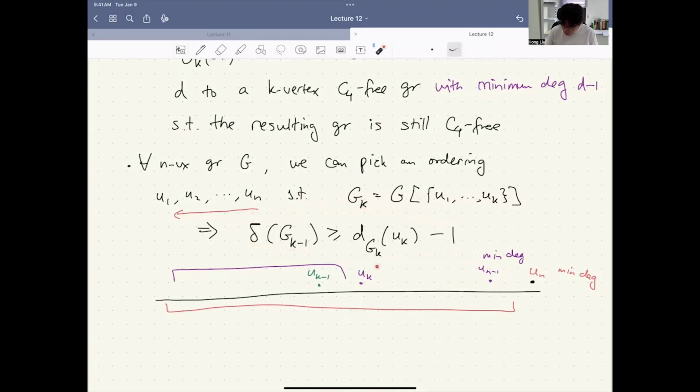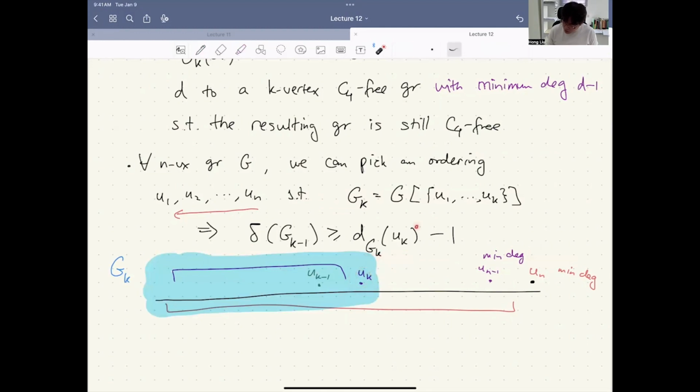Well, look at this graph. This is GK. Inside GK, what do we know? We know this vertex inside GK has the minimum degree. That's how we pick, every time picking our minimum degree vertex.